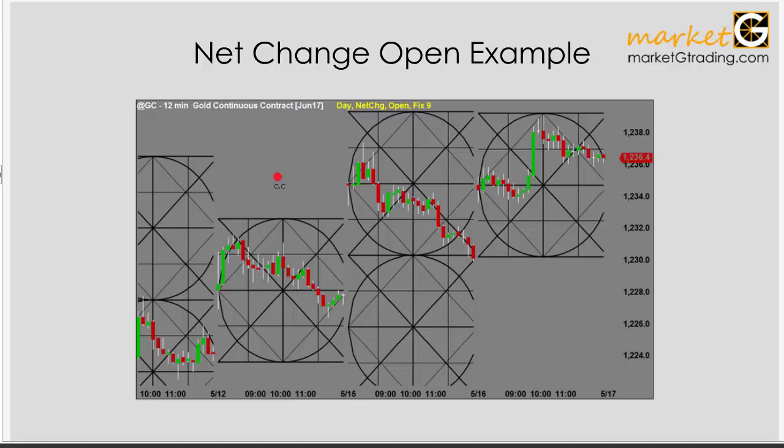Pit sessions: if you showed up as a trader two years ago, let's say, you really wouldn't appreciate what pit sessions are all about for commodities. But there was a time when pit sessions were all there was, and we won't get into all the issues that went along with that.